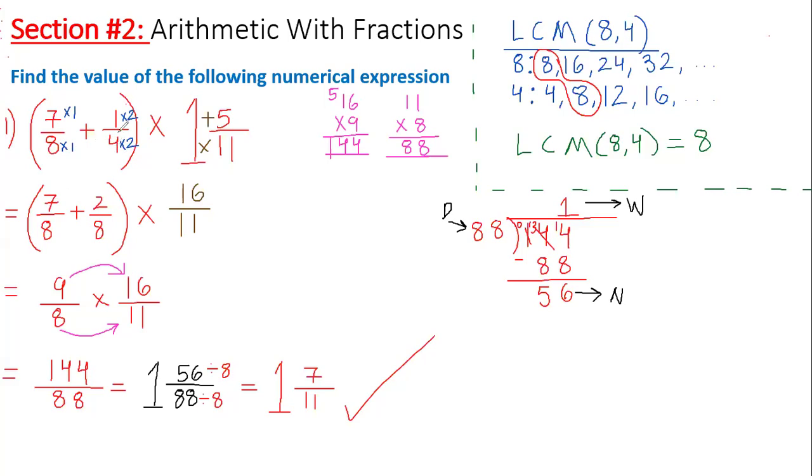What times 4 gives me 8? 2. Good. So 4 times 2 is 8. Whatever we do to the bottom we must do to the top. So what is 1 times 2? 2. Very good. And we add the 7 plus the 2, and that gives us what? 9. Do we add the 8, or do we just leave it as 8? Leave it as 8.